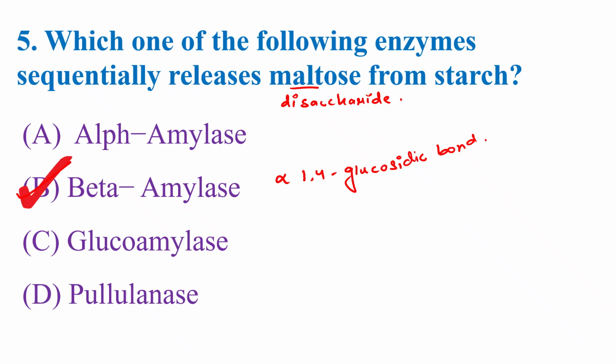Whereas alpha amylase will break the starch randomly into dextrins.